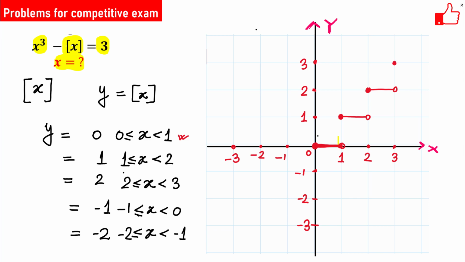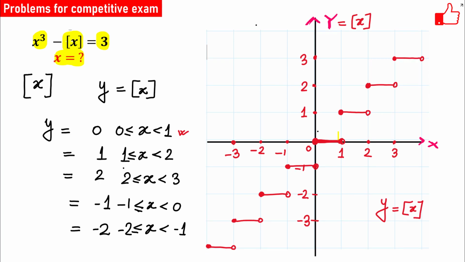Similarly, on the negative side, this is included and this is not included. So this is the graph of greatest integer function, that is y equals greatest integer x. On the x-axis we have x and on the y-axis I have greatest integer of x.